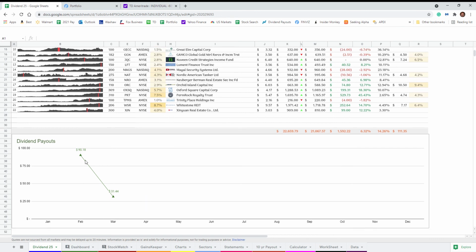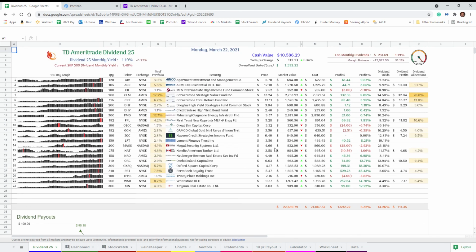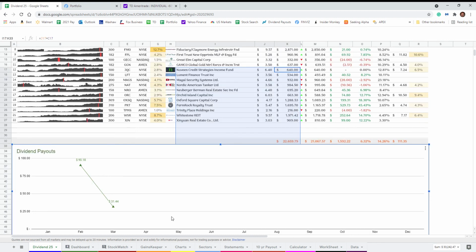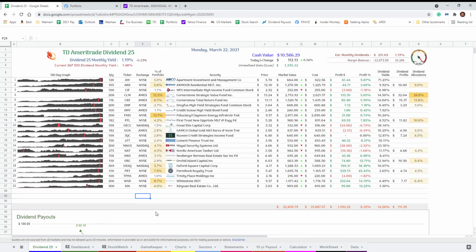Last month I did $90.18. I'm anticipating this month to be, well, it's not going to be quite that much. I'm going to say about $120, $125 is where I think it's going to actually end up this month. So that is something to watch.